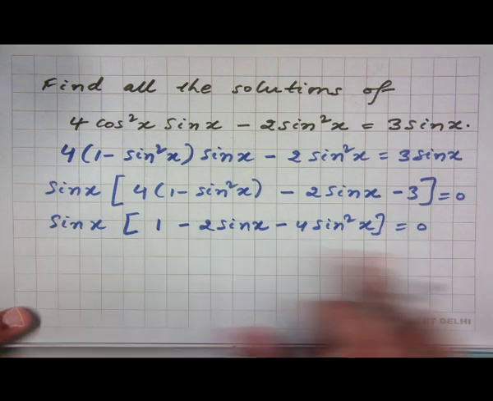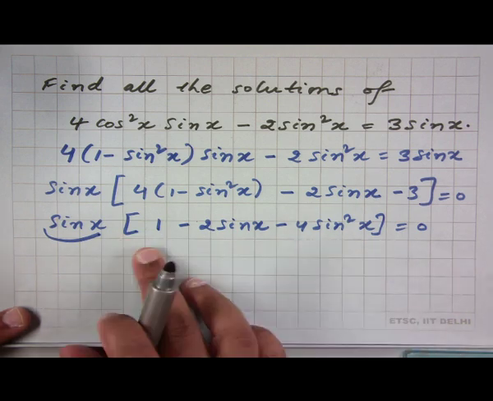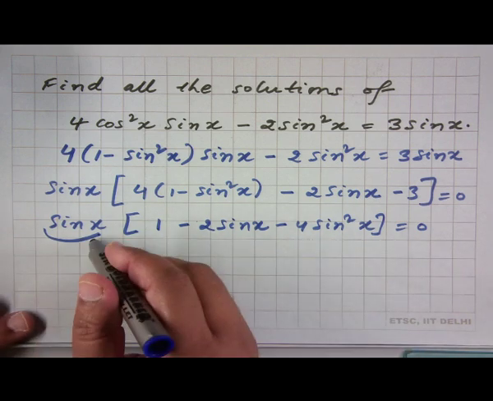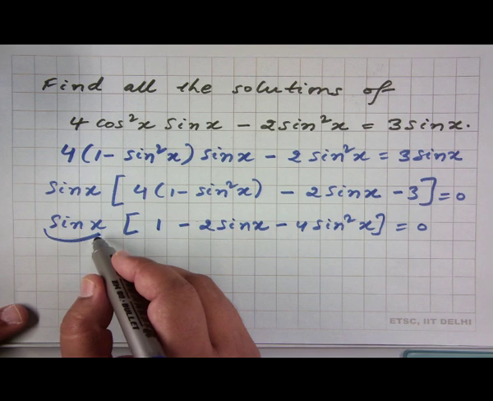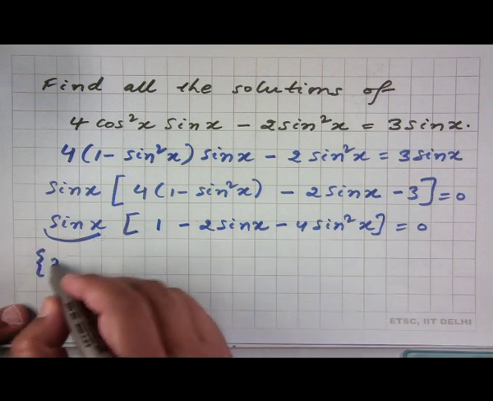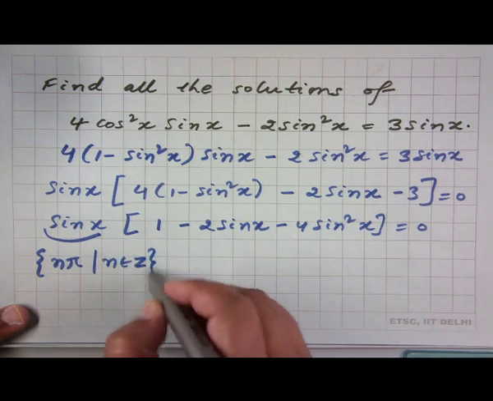So, for this to be 0, either sin x should be 0 or this term in the square bracket should be 0. Sin x equal to 0 implies that the general solution is that x should be of the form n pi, where n is integer, for all integer n.